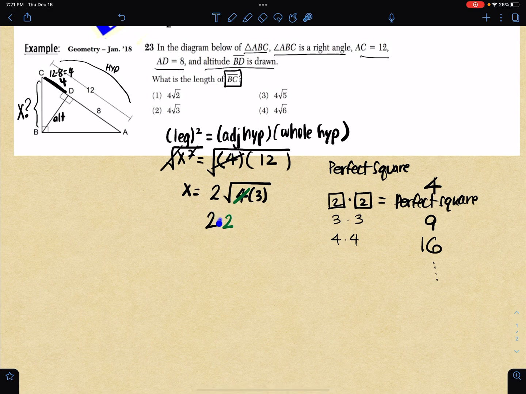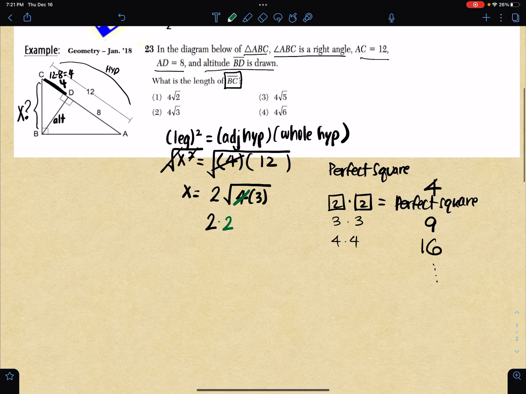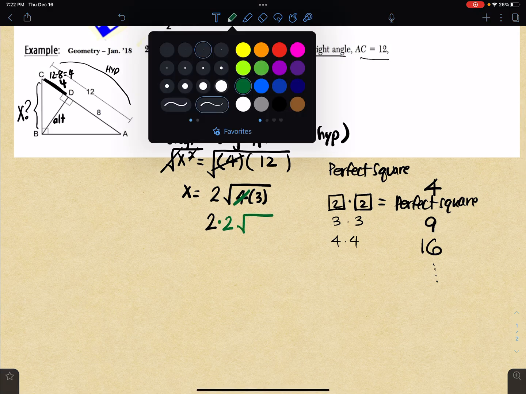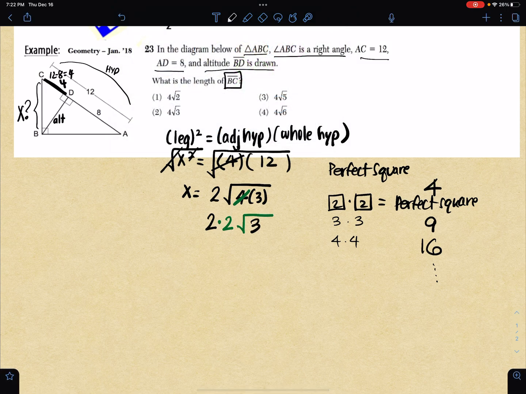Well, if you don't see a symbol, there's always that invisible dot that's hiding for multiplication. And so what number is left inside? 3. Can I break down that 3 anymore? No. So now let's simplify. 2 times 2 is 4, and I have 4 square root of 3. Now going back to the question, it says to solve for the question mark, which is x, and so we are done.